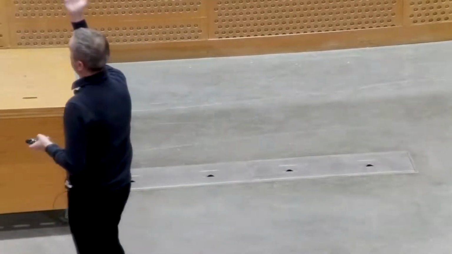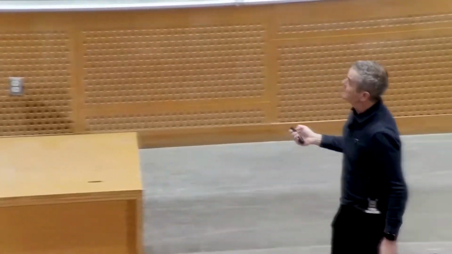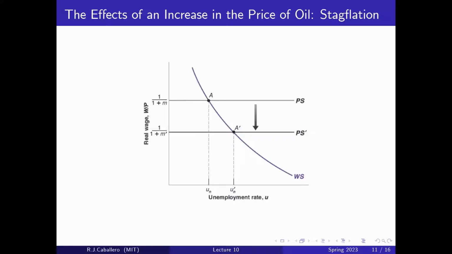A supply-side shock is not something that comes from the IS-LM part of the model. A supply-side shock, remember we analyzed it when we analyzed the natural rate of unemployment. It's something that affects the supply side of the economy. We can model that as an increase in the markup. And we know that an increase in the markup will increase the natural rate of unemployment.